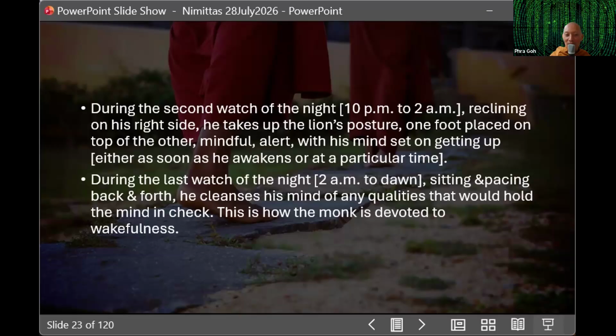Then towards the end, before dawn, the sunrise, they might do the morning chanting, and afterwards they prepare for the alms round. So that's some of the practices.